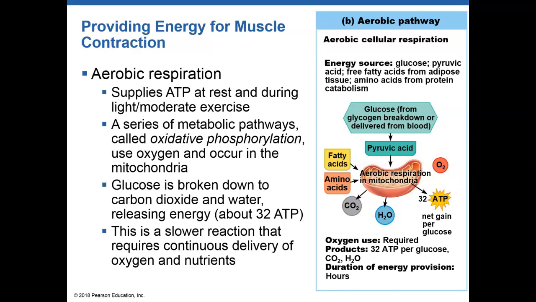In general, we produce approximately 36 ATP that are usable by our cells. 32 of those ATP are directly from aerobic respiration, and then 4 are through anaerobic processes in that entire process. So this is where most of our energy is going to be produced.